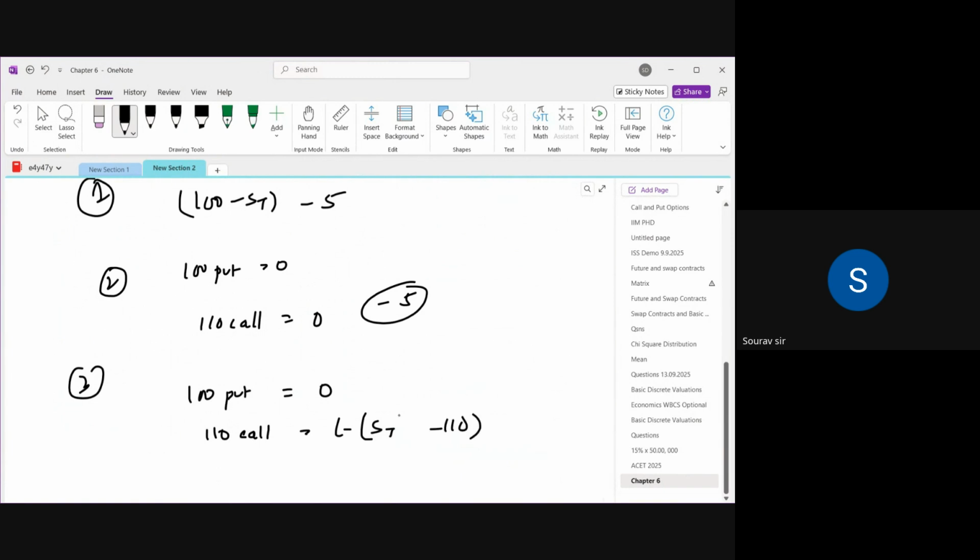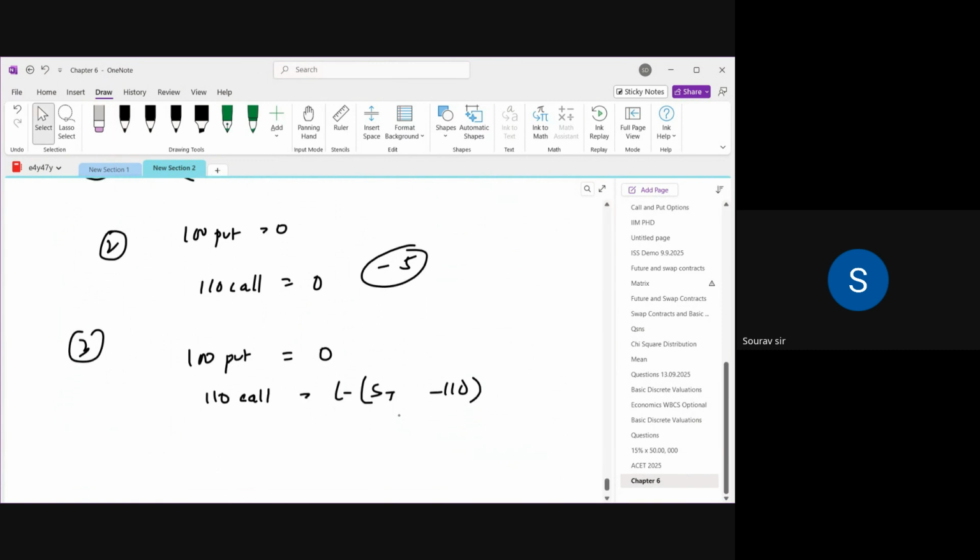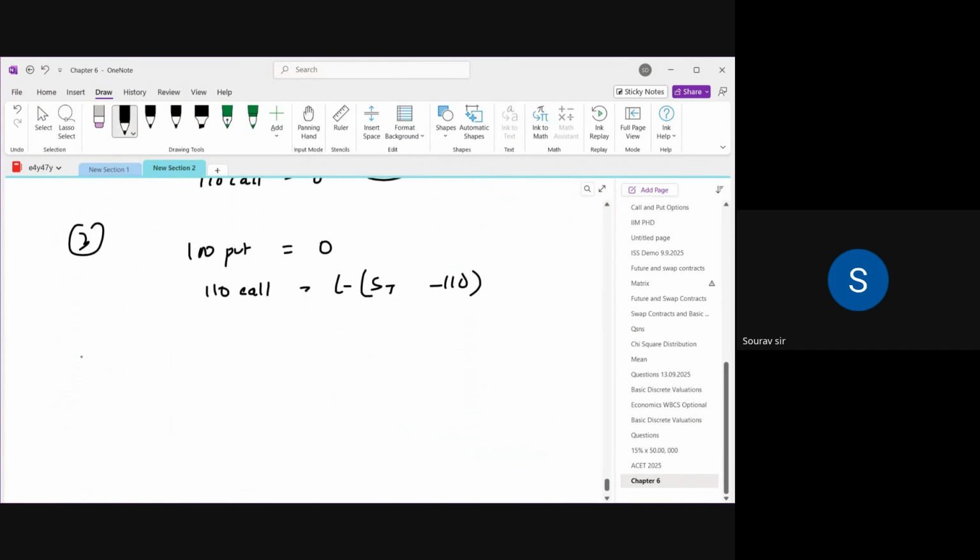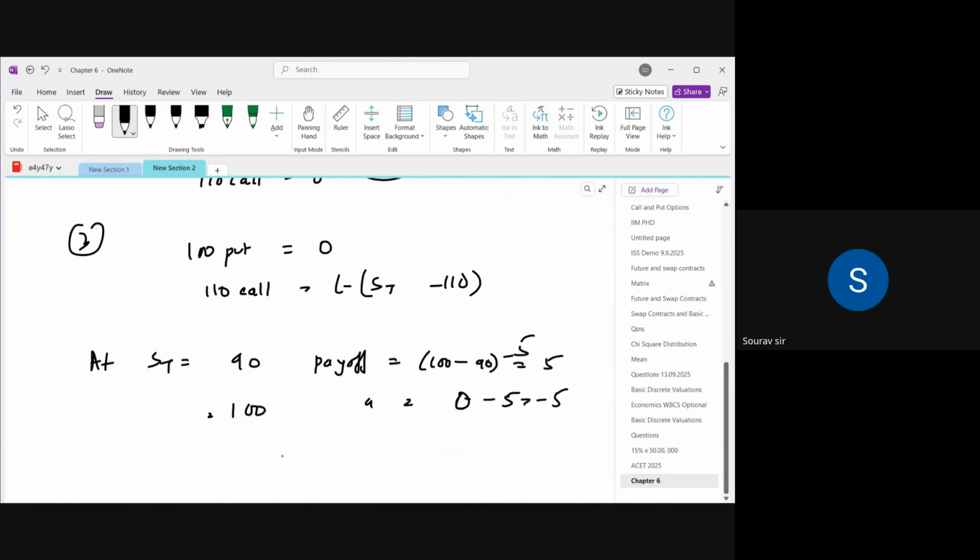So what are the key payoffs then? At 90, payoff is plus 5. At 100, payoff is 0 minus 5. So that is minus 5. At 110, what is the payoff? Minus 5. Flat.